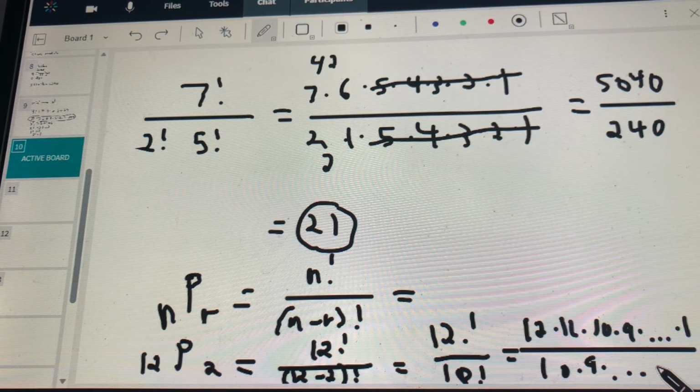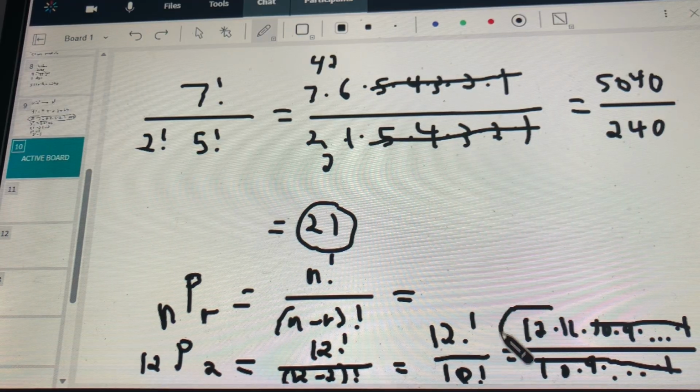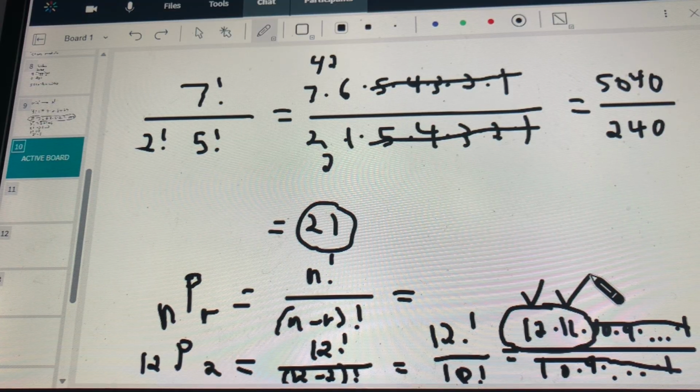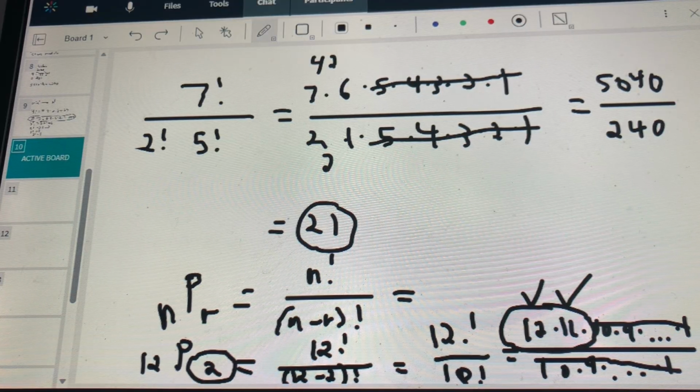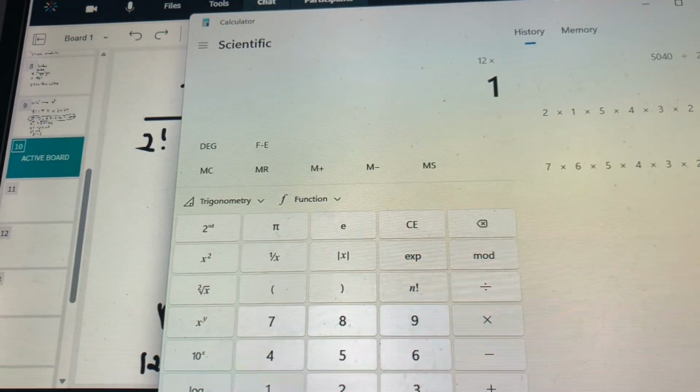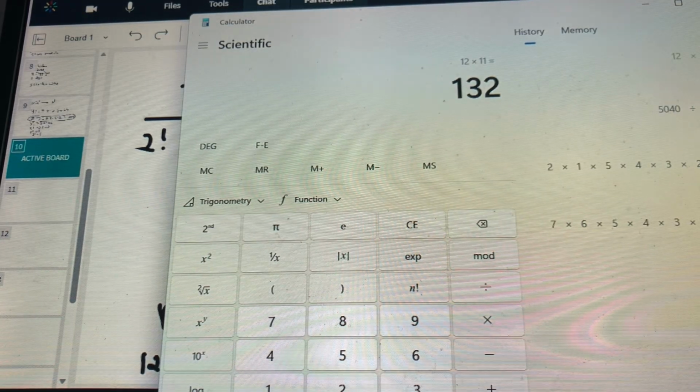The entire denominator cancels out with most of the numerator. In fact, the only thing left is 12 times 11. And in fact, 12 and 11 are only 2 numbers left, and that's not a coincidence that there's a 2 right here. So you can do 12 times 11 if you want, 132.